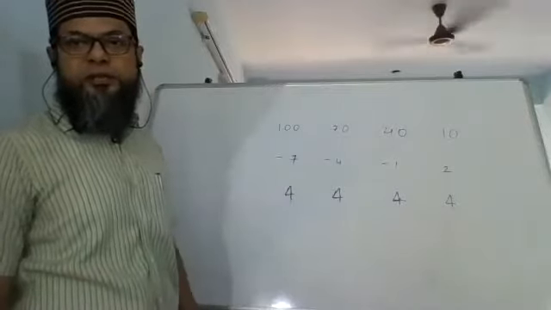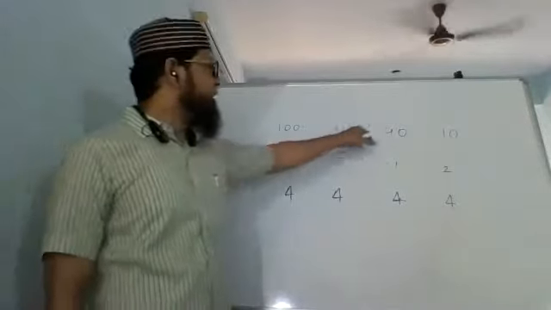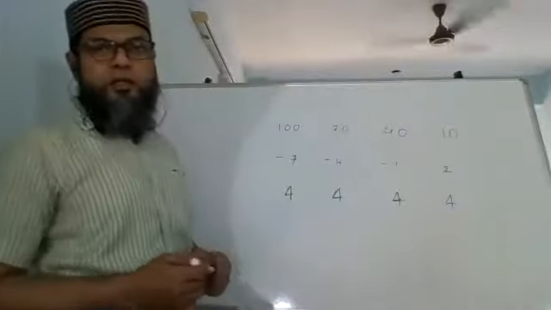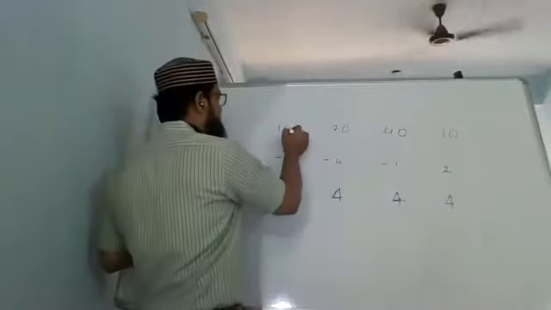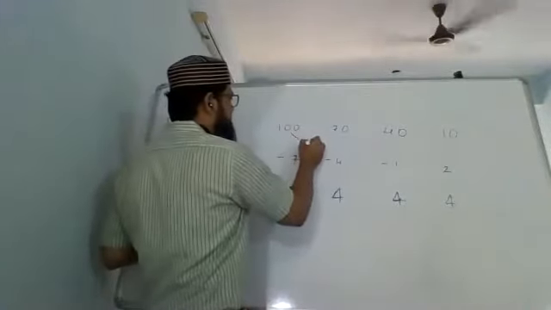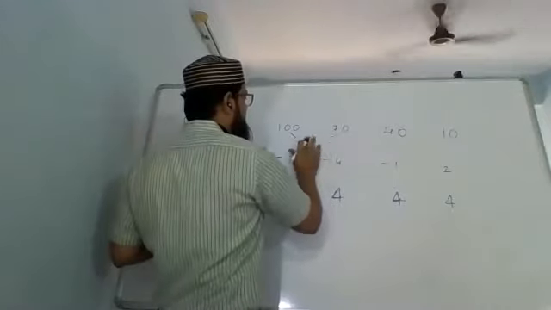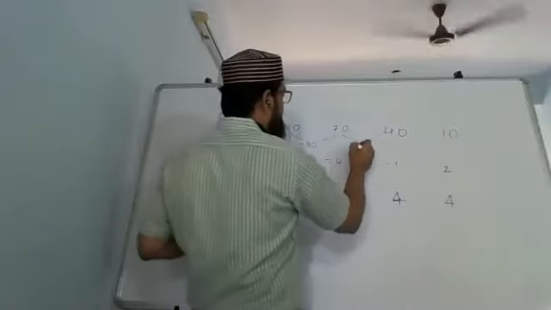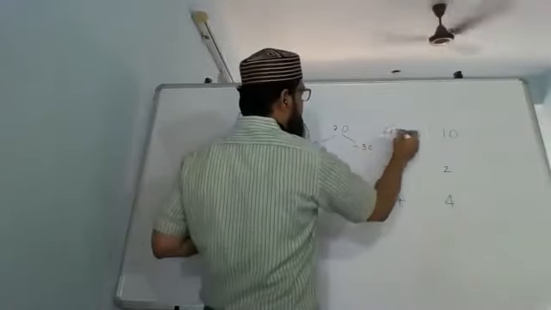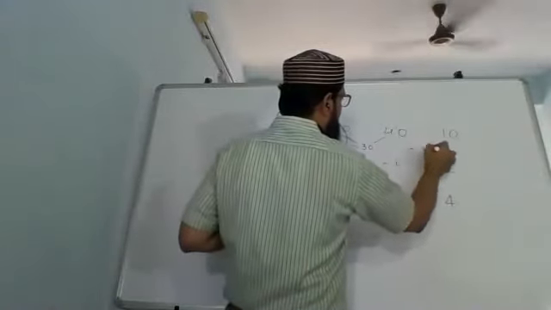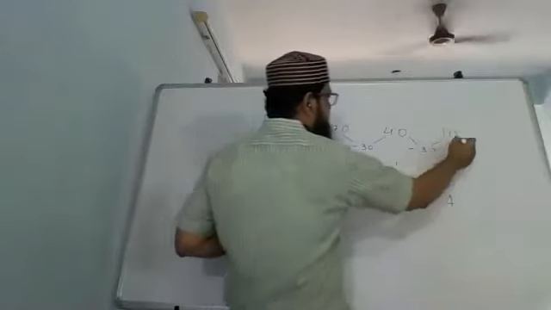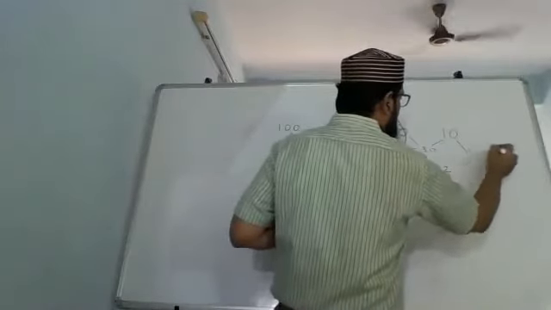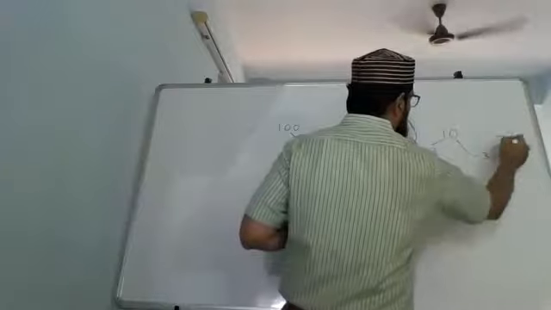Now, the logic here in the first one: if I subtract 30 from 100, I get 70. If I subtract 30 from 70, I get 40, and if I subtract another 30 from this, I'll get minus 20.